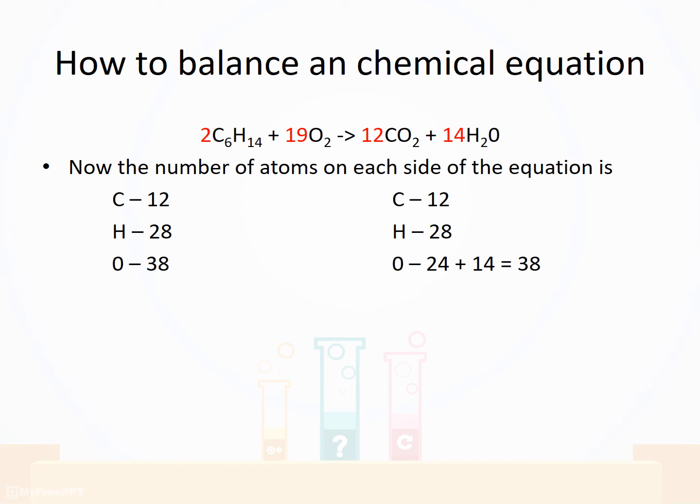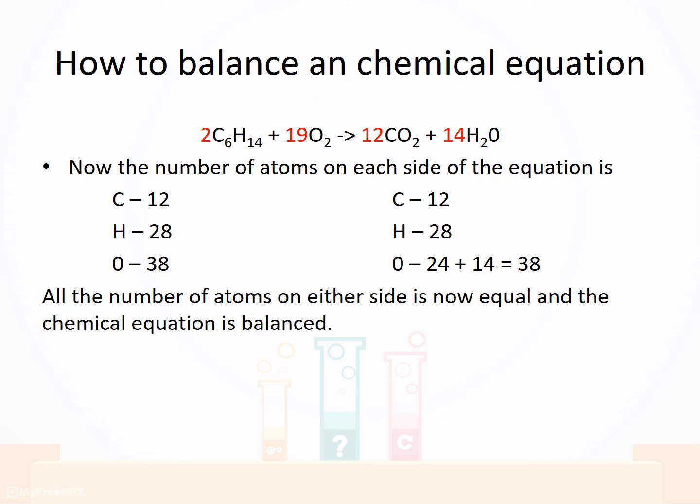Now, oxygens. On the left, 19 by 2 gives us 38 oxygens. And on the right, 24 from the carbon dioxide, 2 times 12, plus 14 from the water, totals to 38. And there we have it. We have our balanced equation.